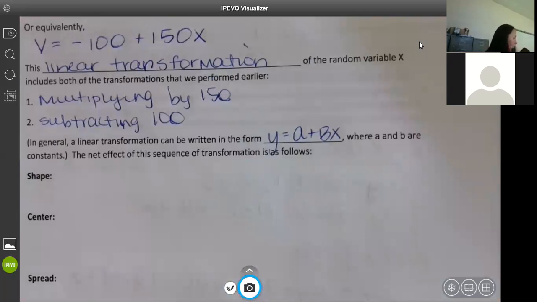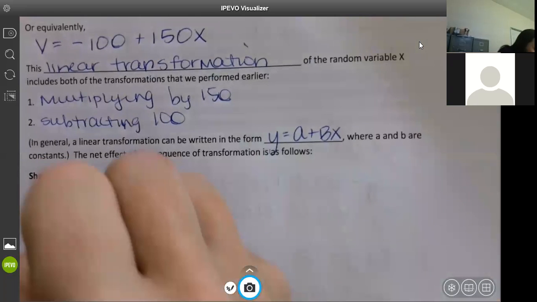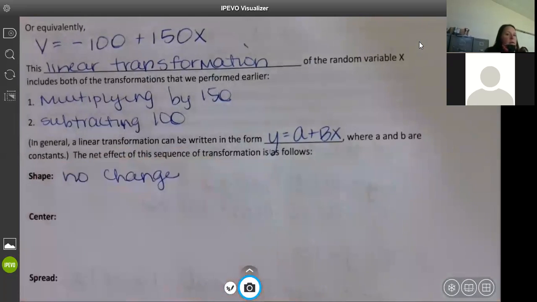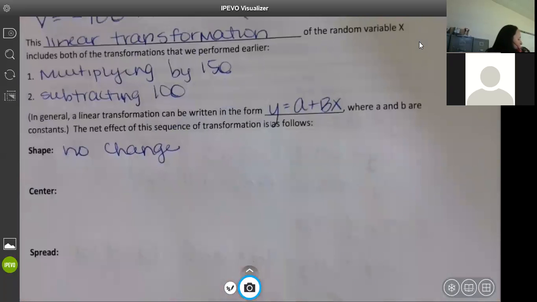What happens to the shape? What are we going to do to the center? Is that it? Not or, but and. So it's both.